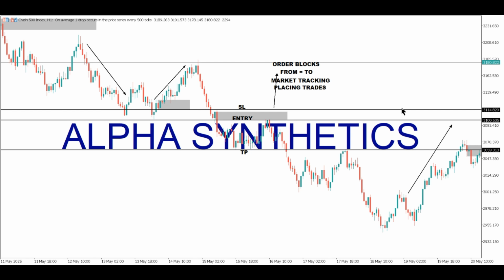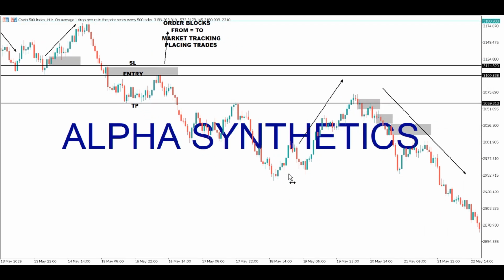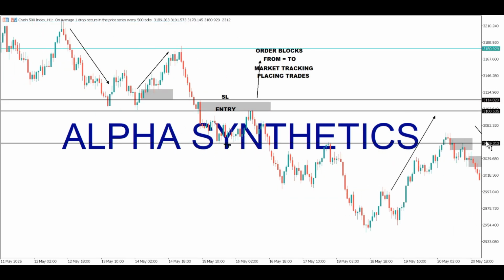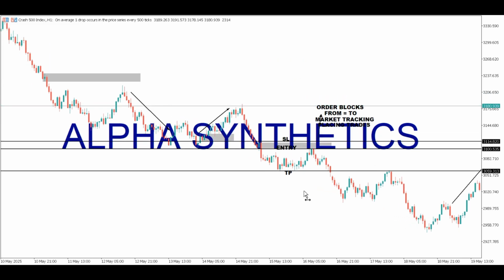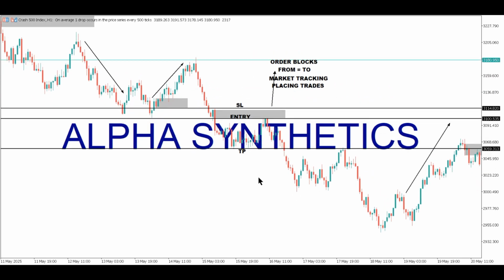Is the market not there? Do that. If the market is there, do this. So it's a simple A to B guide on how and where to place your trades. Made simple. It's literally like a few steps. So all you need to do is be patient and show the market that you can do it.